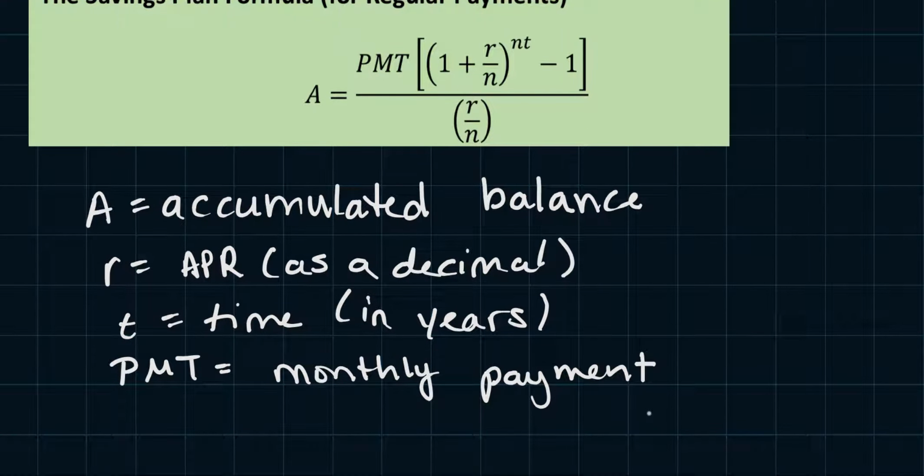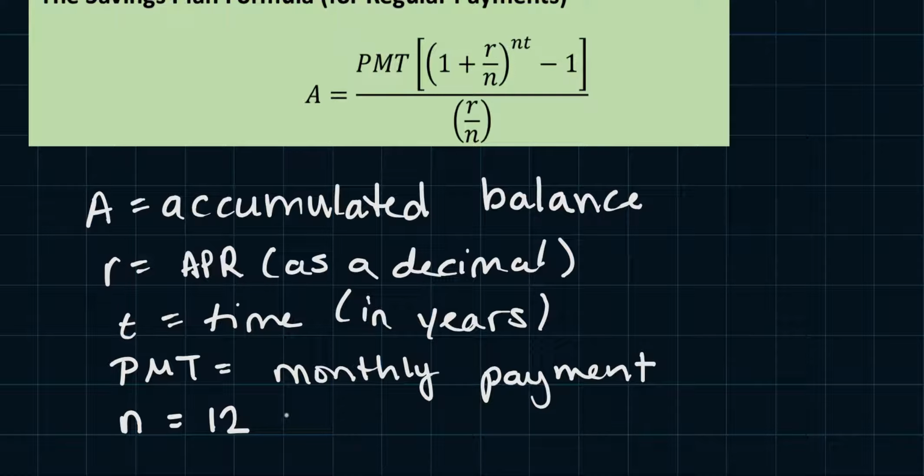And the other new thing, it's not really new, but it's going to be N, and this is going to be fixed for all of our problems. N is going to be 12, because the idea is we are compounding once a month. So 12 times a year, so we're doing this monthly, so N is going to be 12.